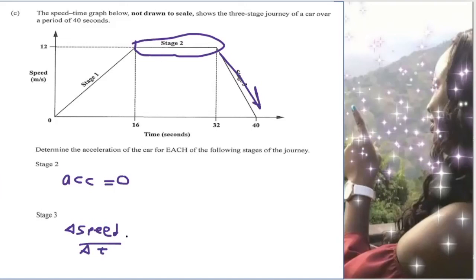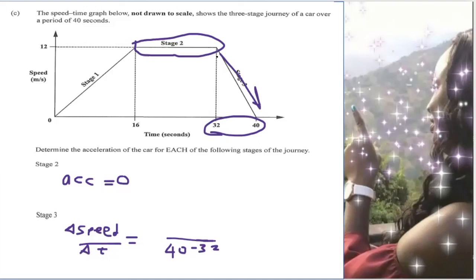Now, what is a change in time? We'll find the difference between 40 and 32. So 40 minus 32 seconds will give us 8 seconds. So that's a change in time.